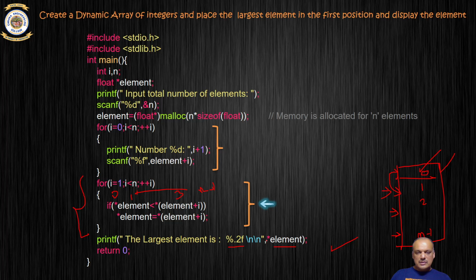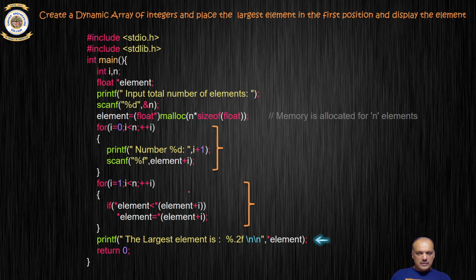Here the star stands for value at, so I print out the value at the address pointed by the pointer. So this is how dynamic memory gets allocated, and we can initialize it, and basically we can do some manipulation in this particular memory space which has been allocated to us. Hope the concept is clear.